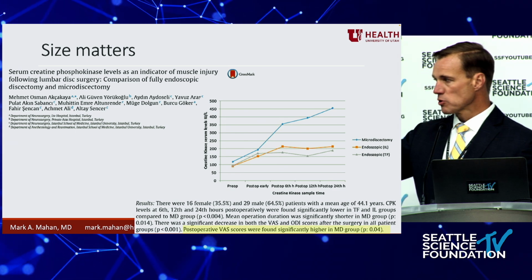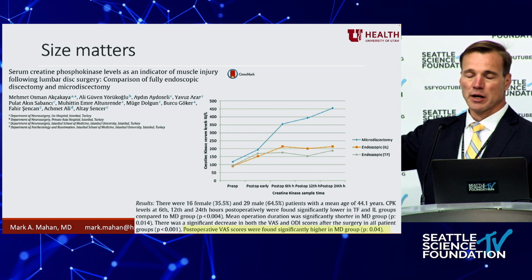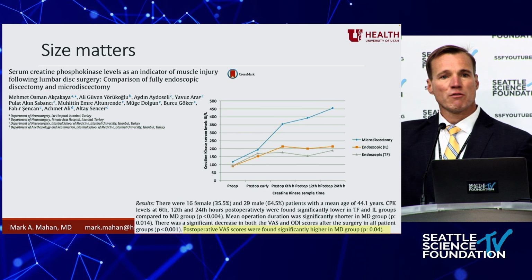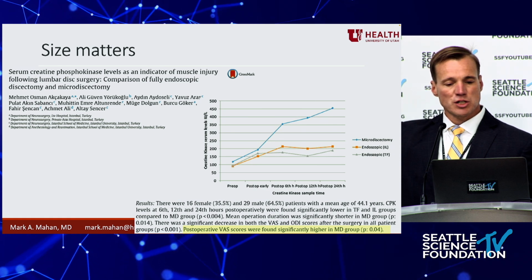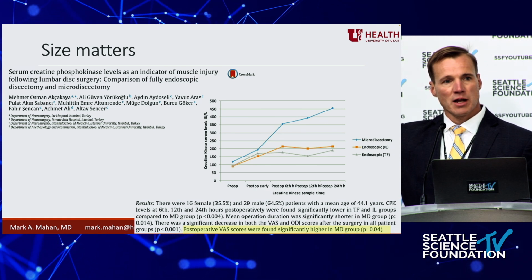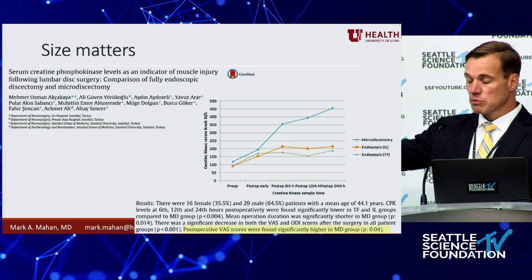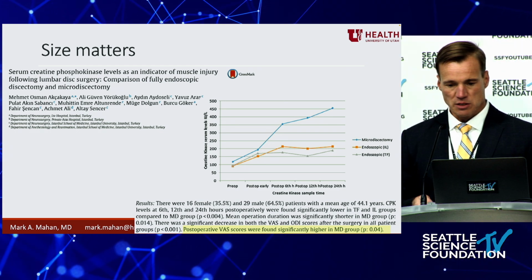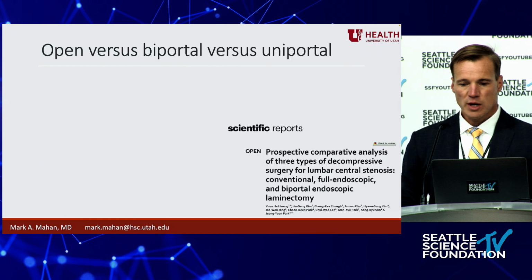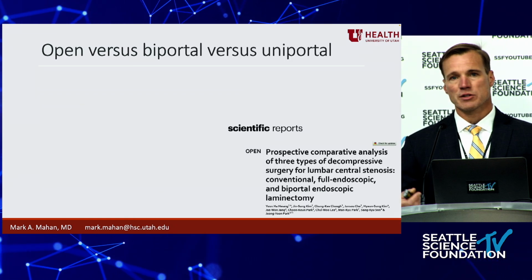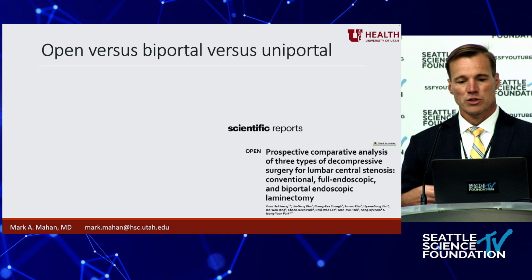And oh, by the way, the postoperative VAS scores were higher in microendoscopic surgery. So you have more urinary and serum muscle breakdown after an open procedure, which is minimally elevated by an endoscopic system.